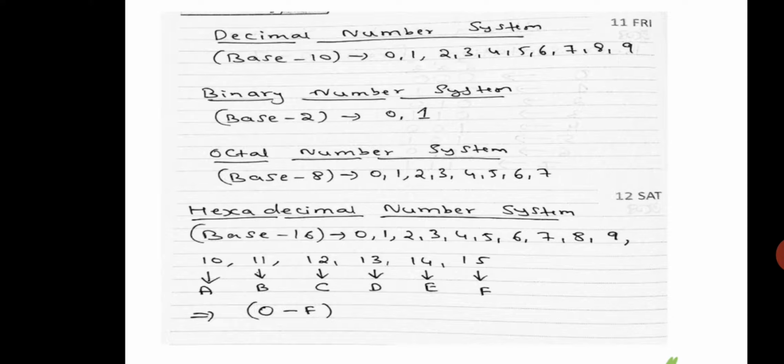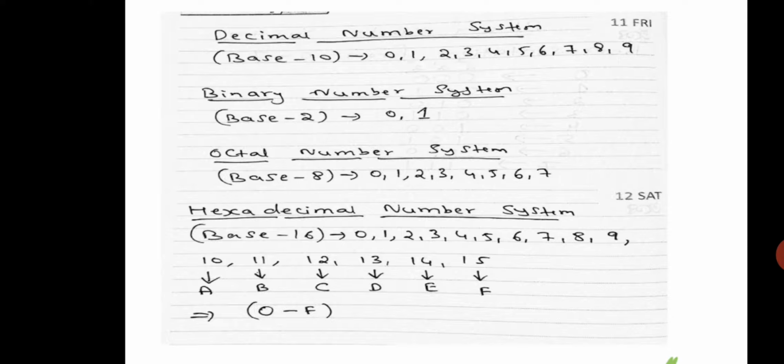Okay, the next number system is the octal number system, which has radix or base 8. Base 8 is nothing but the number ranges from 0 to 7. What is the meaning of 0 to 7? In the sense, if you give any number in the octal number system, you have to write the polynomial in a fashion like any number into 8 to the power 0.